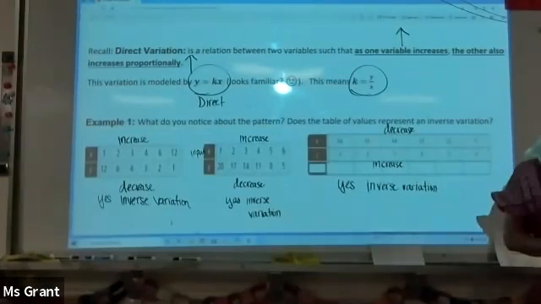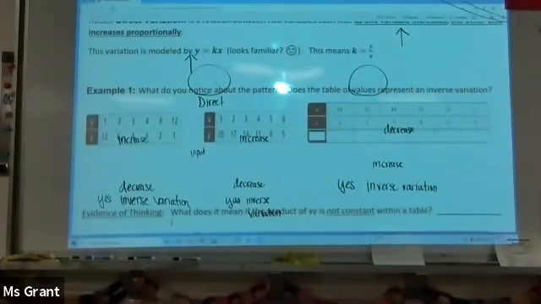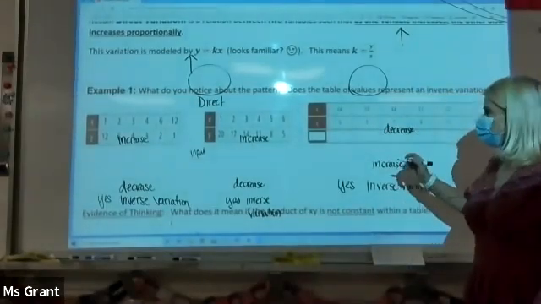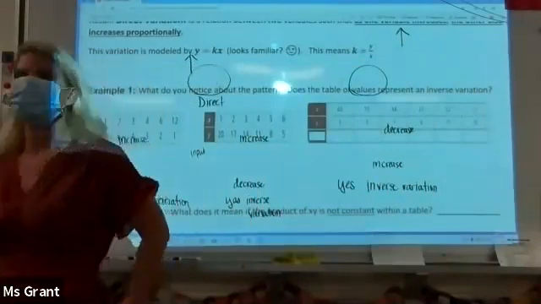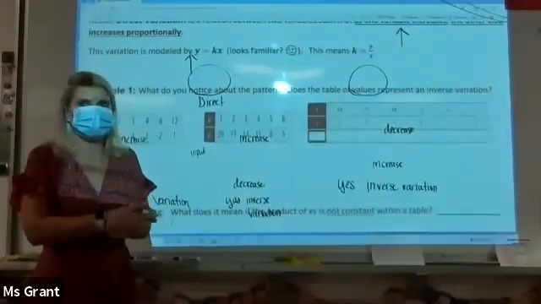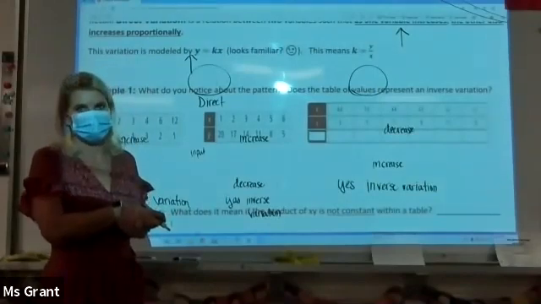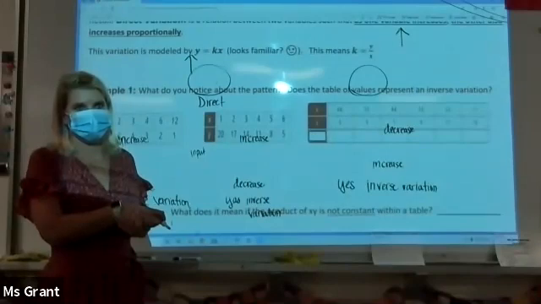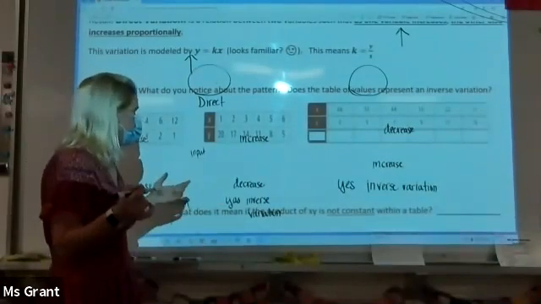Okay, the question below, real quick, I can answer. What does it mean if the product of X, Y is not constant? Like, if there's no consistency, if it's not constant, then what? Because this is like the definition of inverse variation.